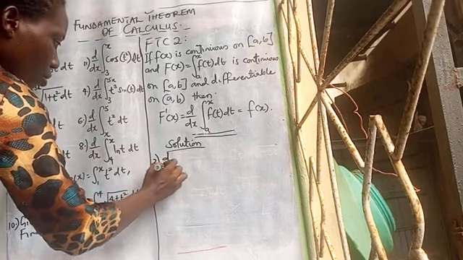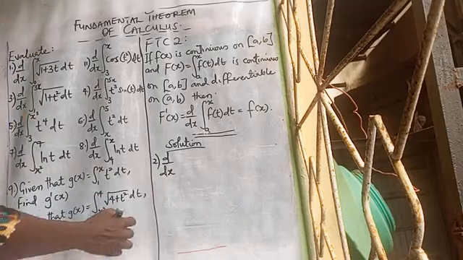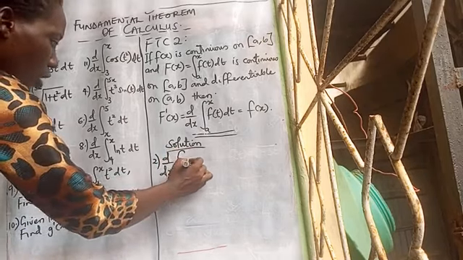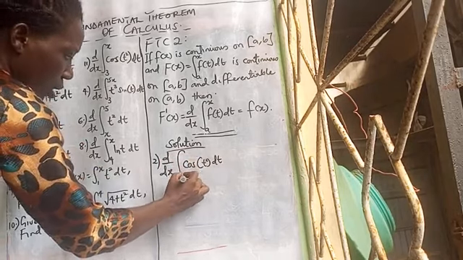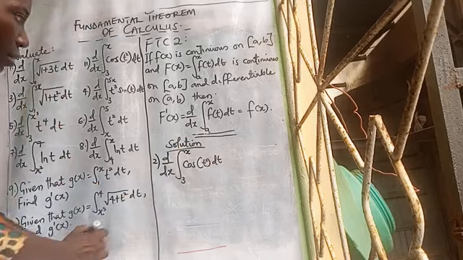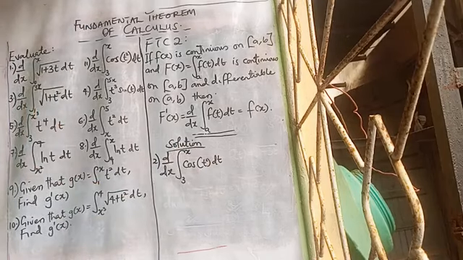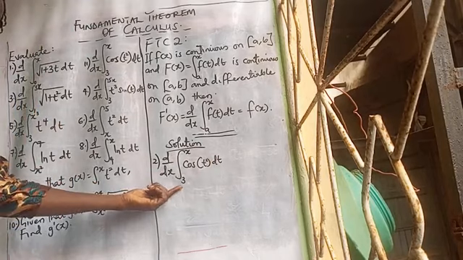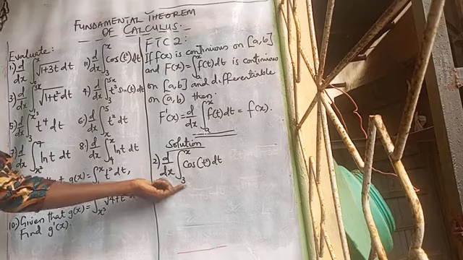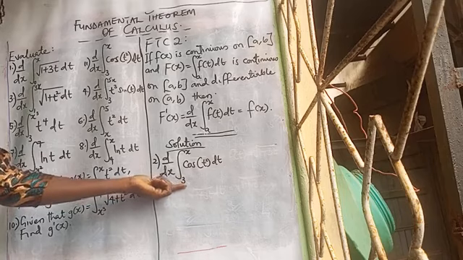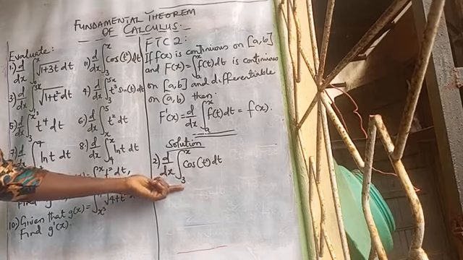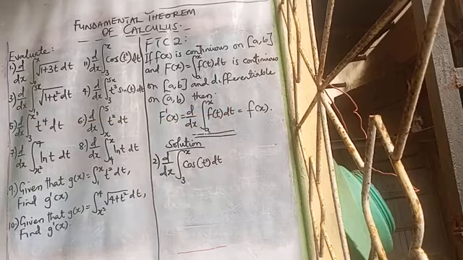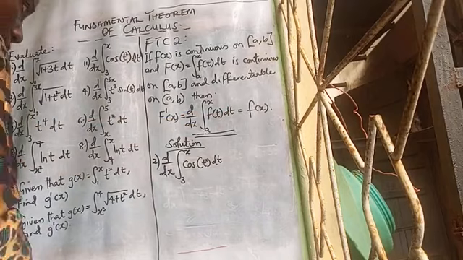Number 2, we want to evaluate d/dx of the integral of cos t squared dt from 3 to x. Again, looking at it, it is from a constant. My a is 3, a constant. That is very important for me to make use of the second fundamental theorem of calculus.